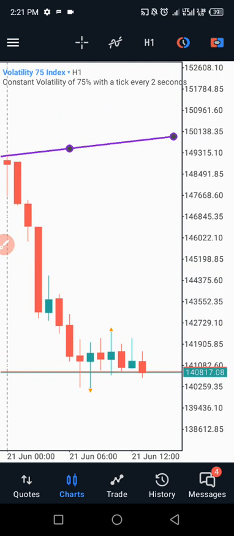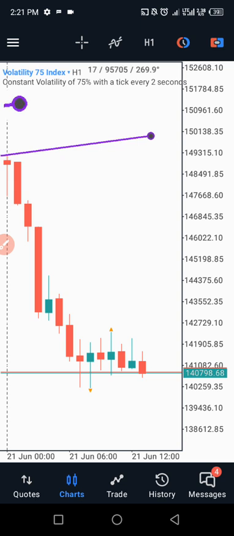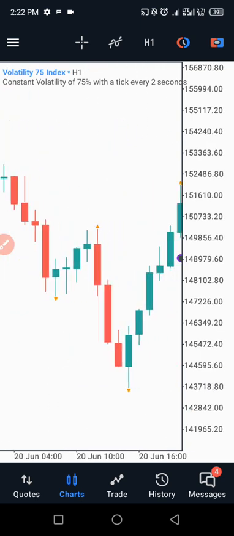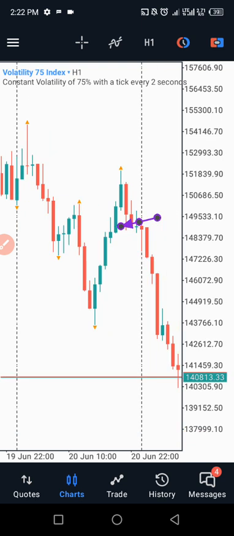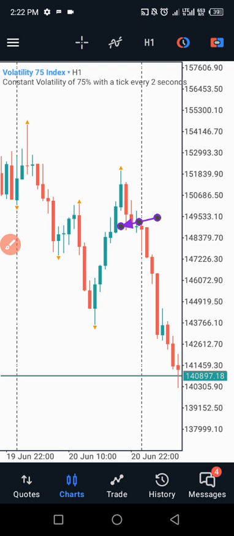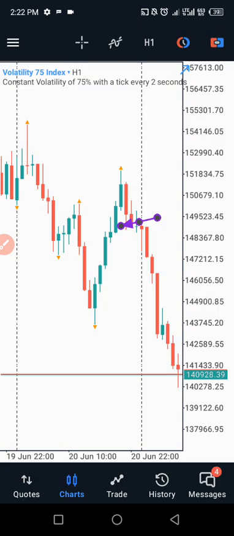So on the 1 hour time frame, what we'll notice is that we want to see a break of structure, okay. We want to see the most recent break of structure. Now remember, there are two points here on our chart, okay. This is the most recent, and then this is the next recent swing point.